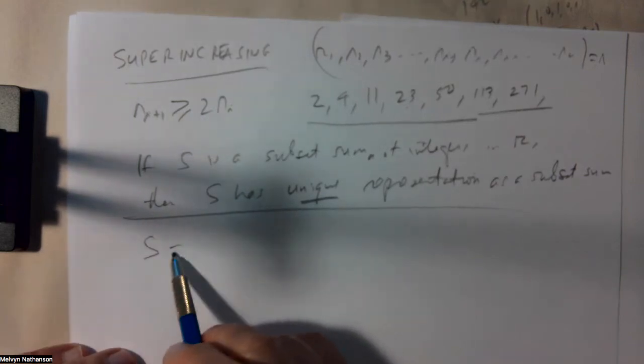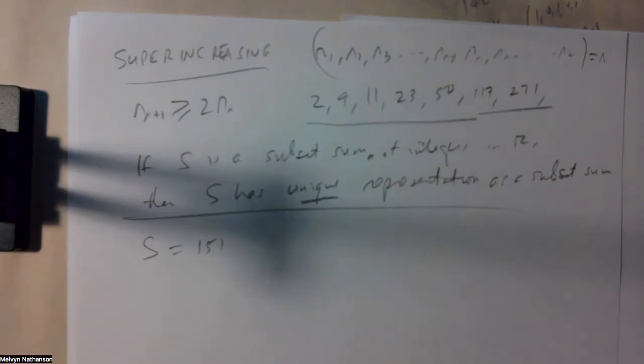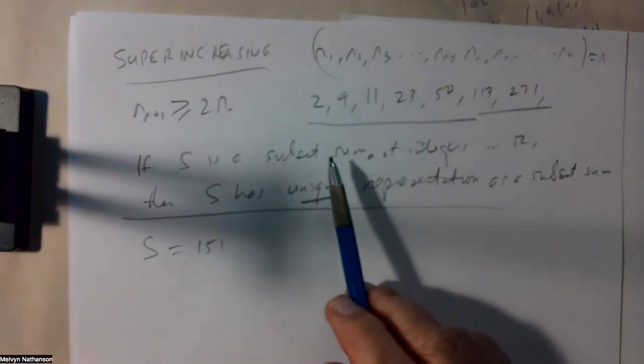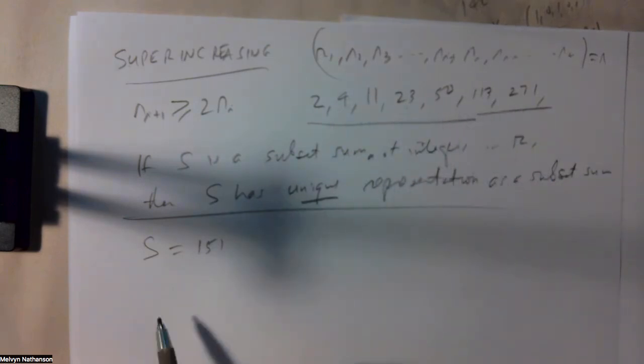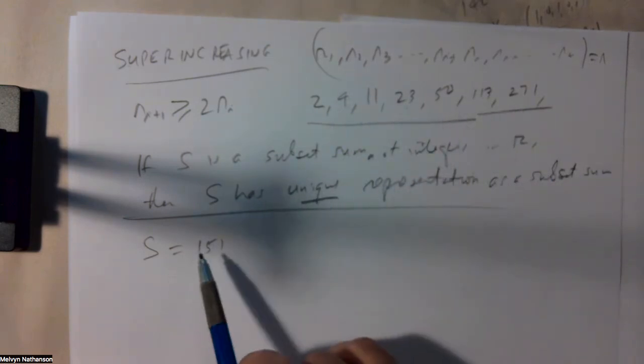Suppose I take S equals 151, and I tell you it is a subset sum from this sequence. So how do I find the terms that add up to 151?